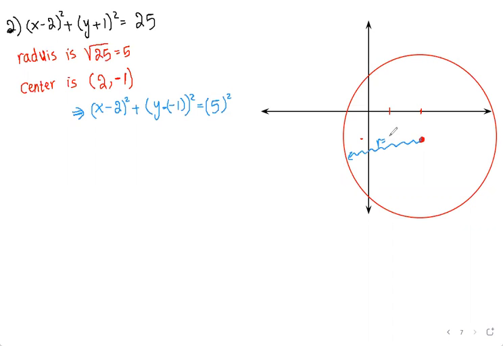Here r equals 5, and the center is 2 and negative 1.